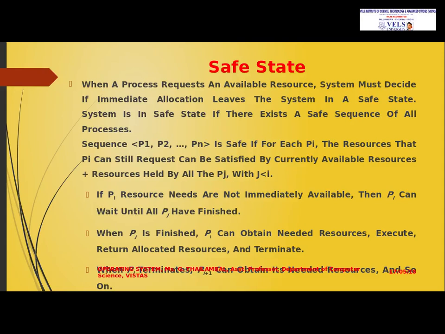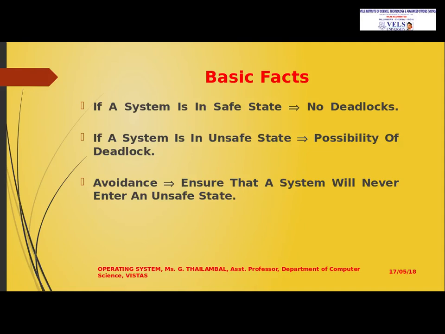If P1's resource needs are not immediately available, P1 has to wait until P2 completes its execution and gives back its resources. Then again, before allocating, the OS will check whether the process will be in a safe state once allocated. The basic factor is: if a system is in a safe state, the OS will think there won't be any deadlock, and if it is in an unsafe state, it may lead to a deadlock.